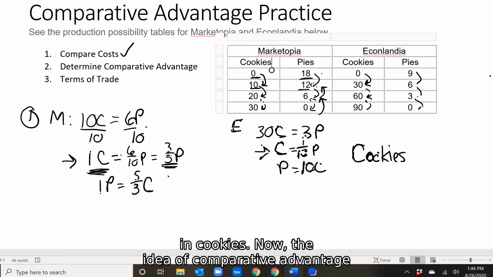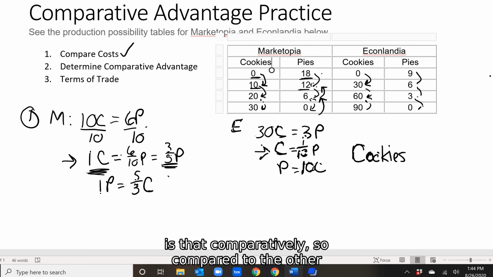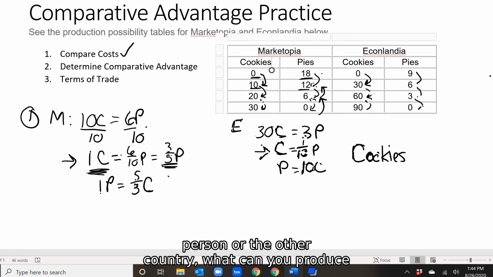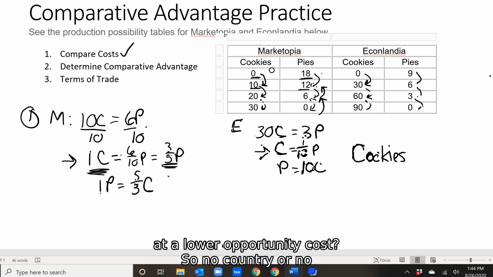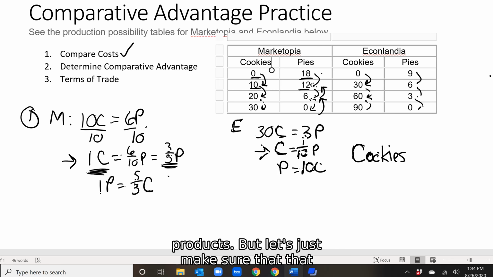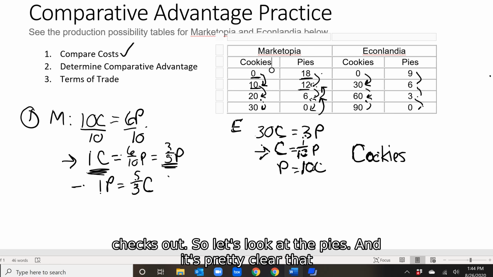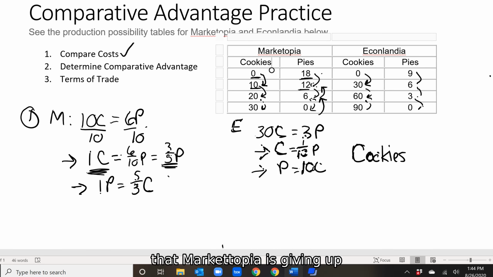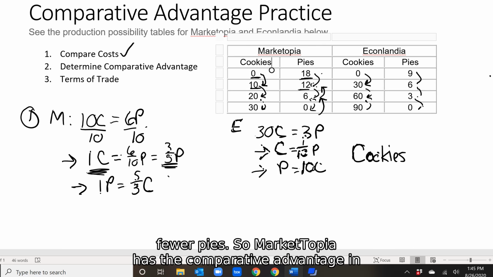Now the idea of comparative advantage is that comparatively, compared to the other country, what can you produce at a lower opportunity cost? So no country or no person can have the comparative advantage in both products. But let's just make sure that that checks out. So let's look at the pies. And it's pretty clear that Marketopia is giving up fewer pies.